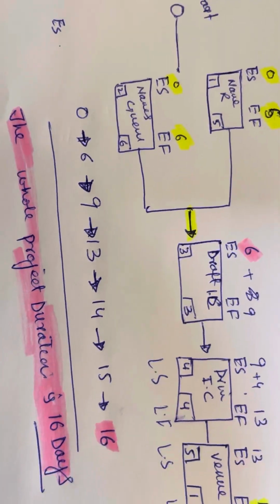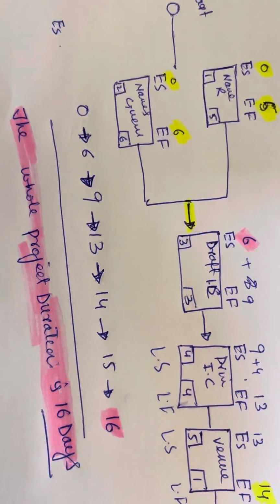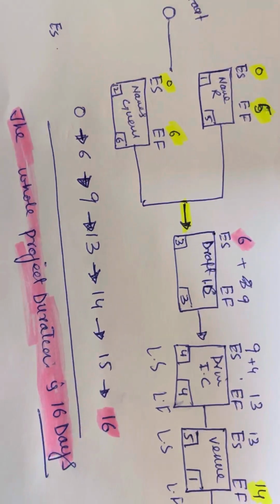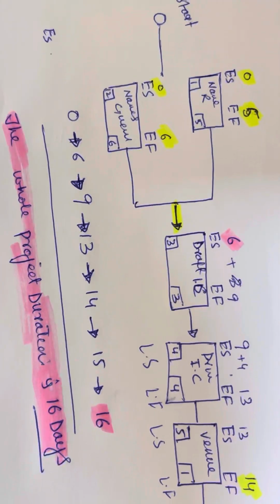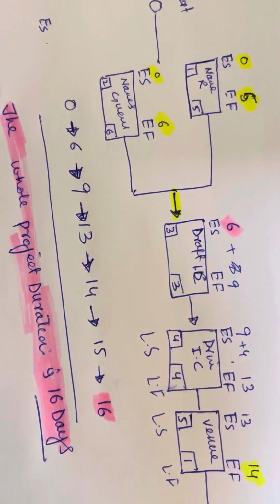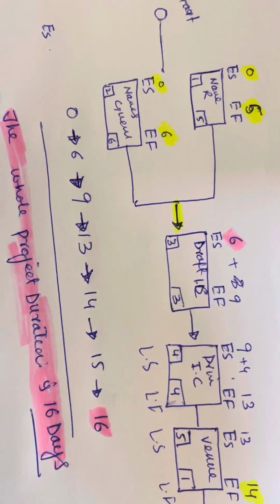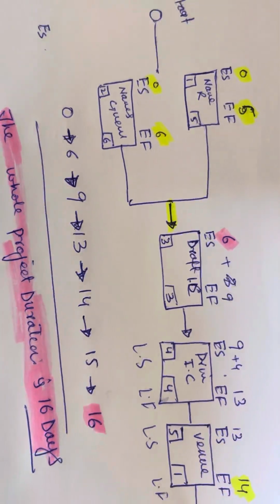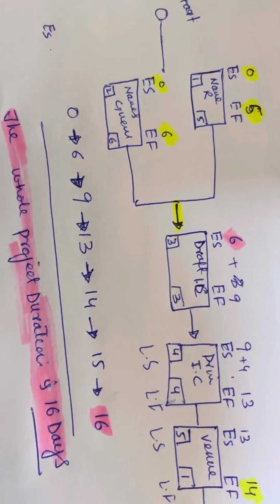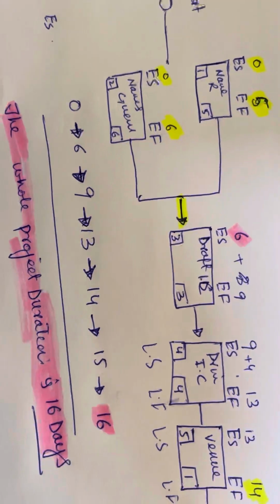So here is 6 in this activity. So the latest start for both activities, for the relative name, will be 6. Latest finish for the guest name will also be 6. So for the first activity, which is 5 days, 6 minus 5 is equal to 1. So we got plus 1 here.